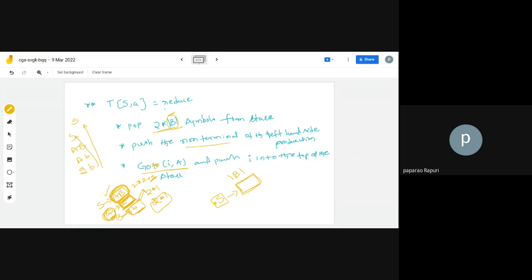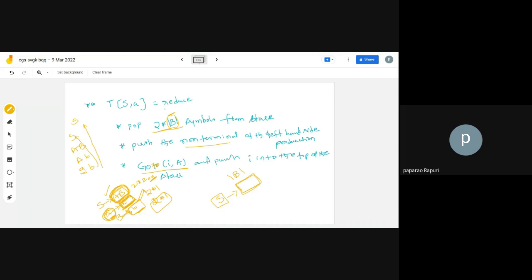So for whichever grammar production we are going to reduce, in that production we need to check how many symbols are present in the right hand side.